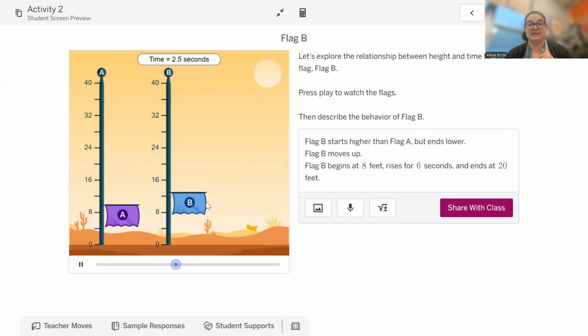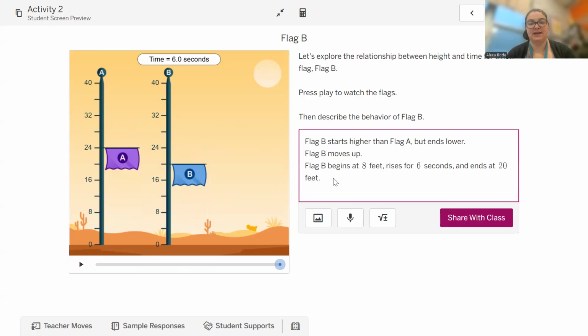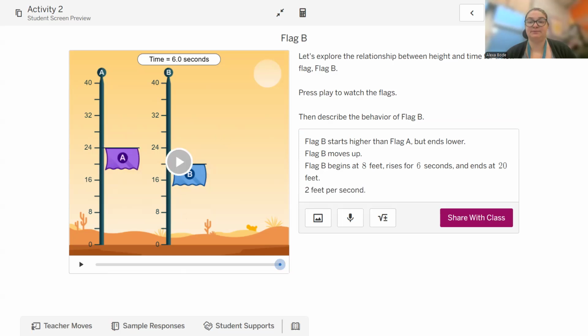So the entire thing is 6 seconds long and ends at 20 feet. Okay. My extended kids, if you said that the flag was rising 2 feet per second, you are correct. The flag B is rising 2 feet per second.